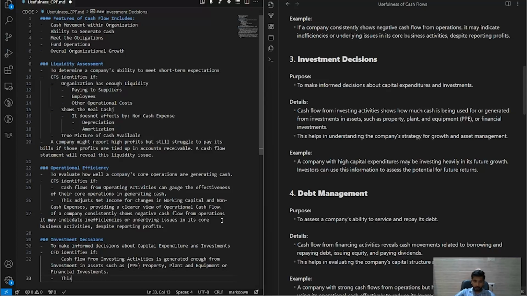Okay, this helps in understanding the company's strategy, the company's roadmap to potential future growth.